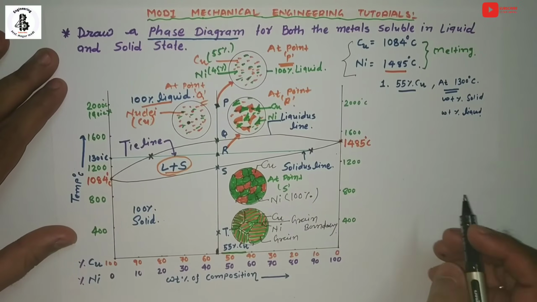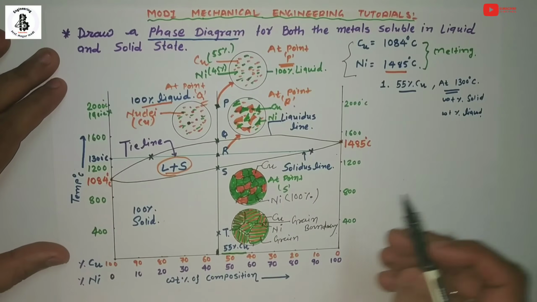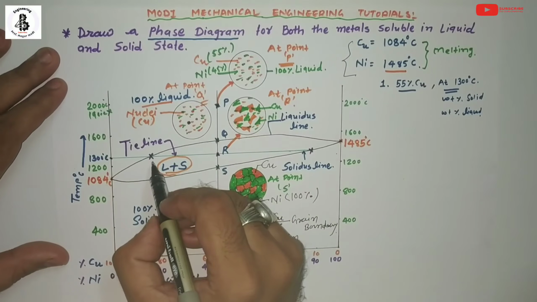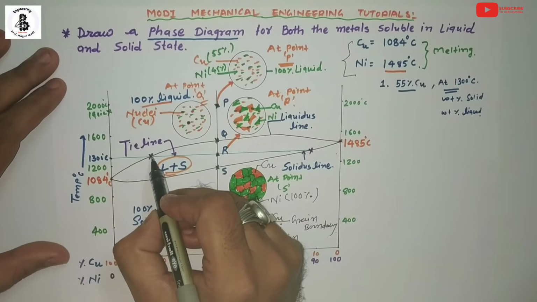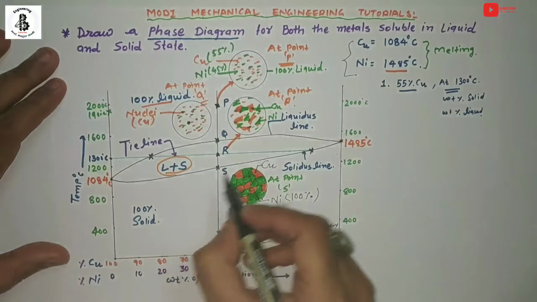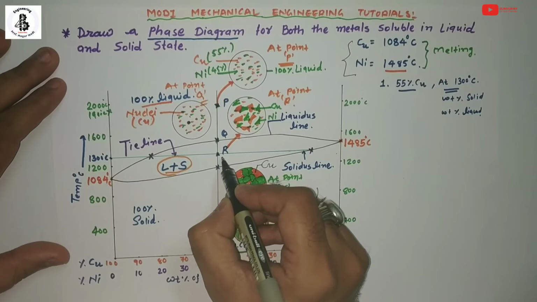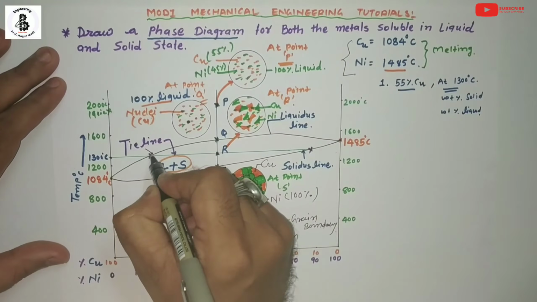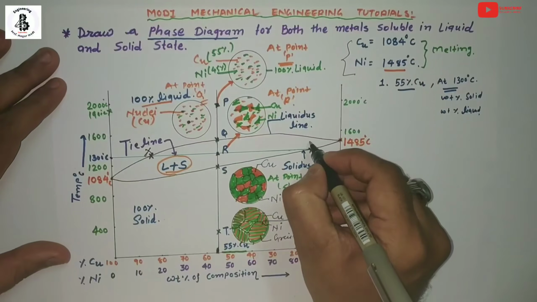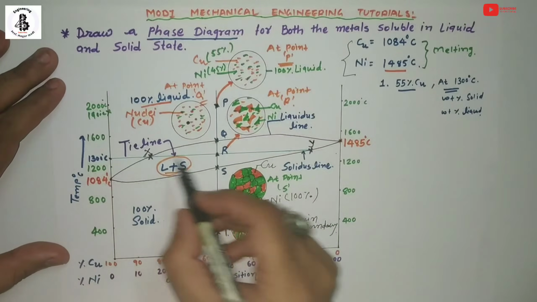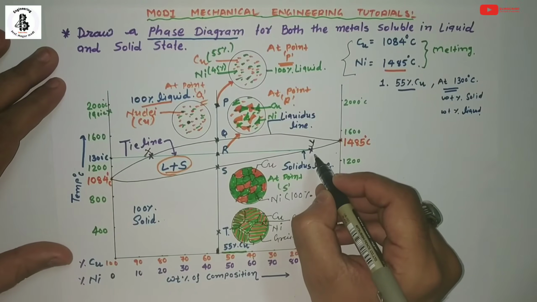For the weight percentage of liquid and solid, make points at the intersection of the tie line with the liquidus line and solidus line. Here the R point is already there, and the intersections are noted as the X and Y points: X point on the liquidus line and Y point on the solidus line.